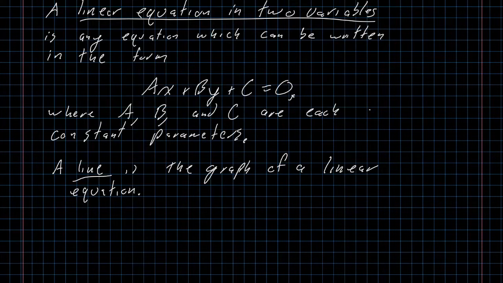The surprising thing about this definition is that it's stated backwards. We are defining a line as the graph of a linear equation. That is what it means to be a line in analytic geometry.